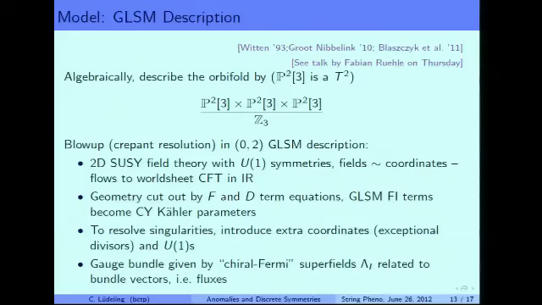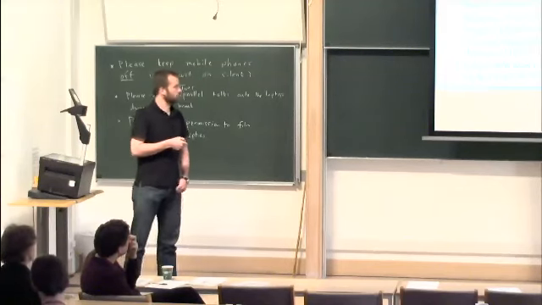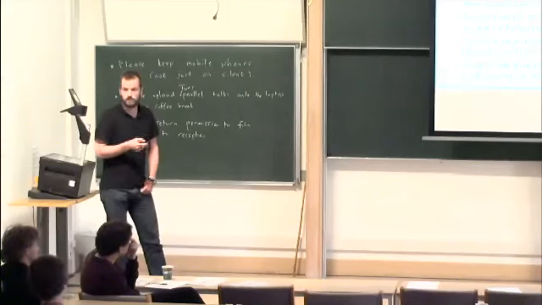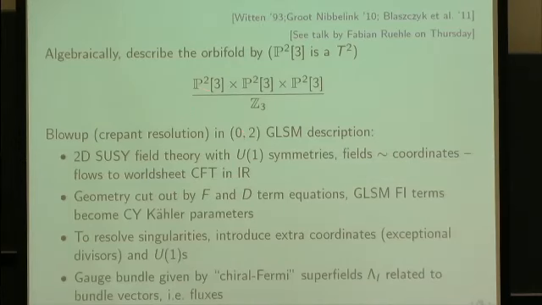To perform the blow-up, you have to introduce the exceptional divisors, which in this case correspond to extra coordinates. If you introduce new coordinates, you have to introduce new gaugings to keep the degrees of freedom fixed. And then, of course, you have to turn on the gauge bundle, which gives certain superfields, which then have charges under these U1s. And this again is related to these bundle vectors.